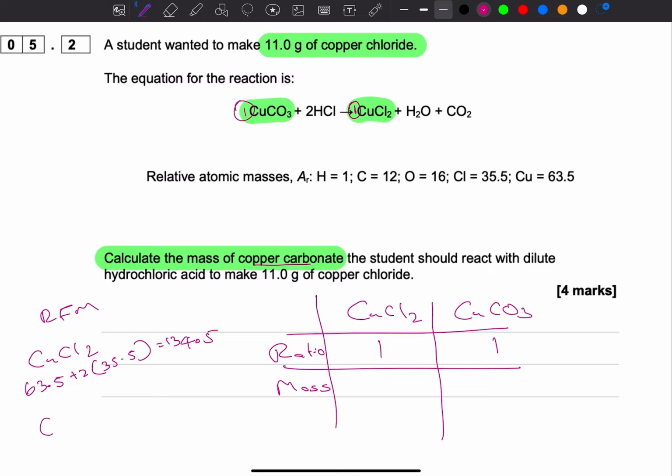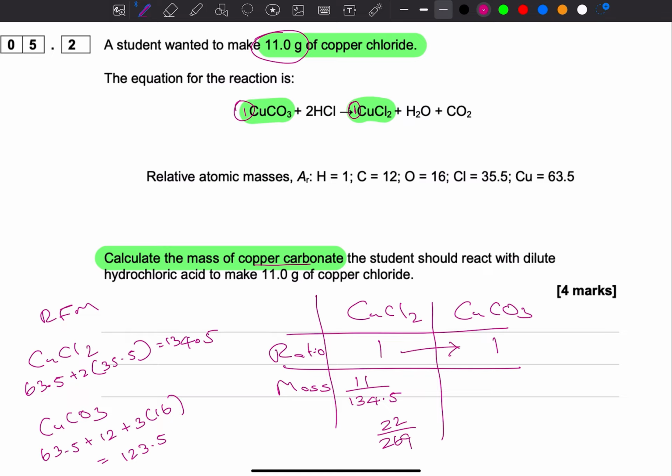The other one is CuCO3: copper is 63.5 plus carbon 12 plus 3 oxygen, 3 times 16, which will give you 123.5. First copper chloride. You got 11 grams, so 11 divided by 134.5, which gives you 22 over 269.